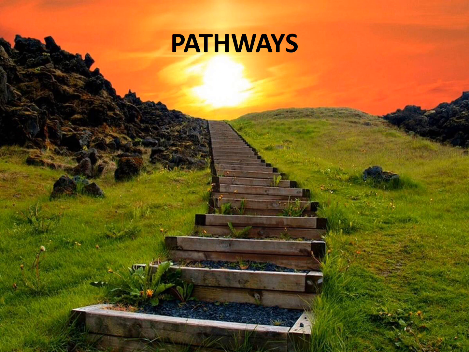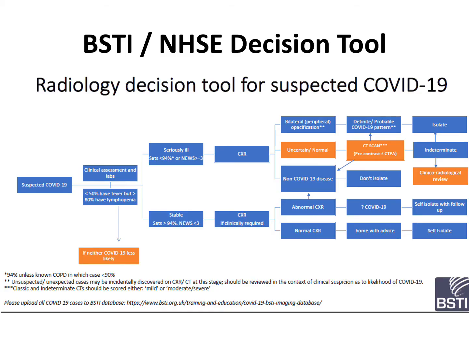In terms of pathways, this is the UK pathway from the British Society of Thoracic Imaging and NHSE. It suggests that we should be performing chest X-ray in the majority of patients who require hospitalisation. CT should be limited to those individuals who are seriously ill, have low oxygen saturations below 94%, or a NEWS score of greater than 3.